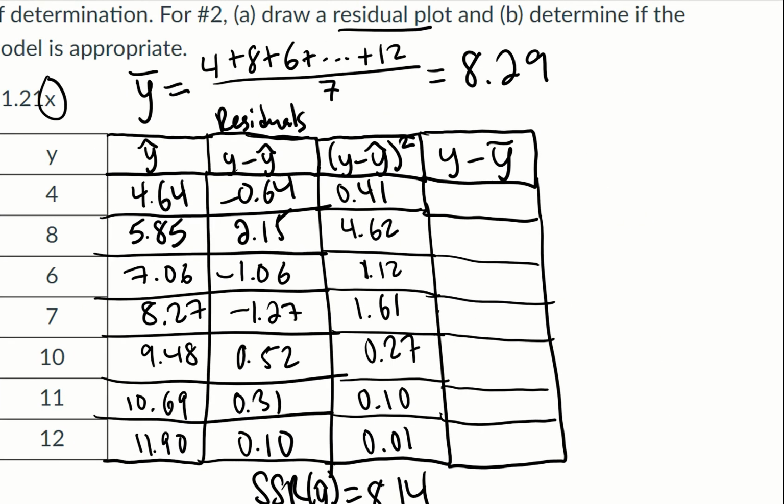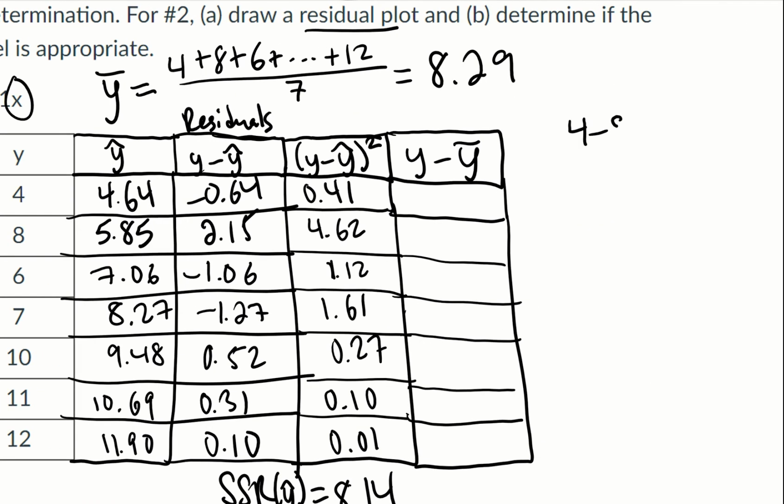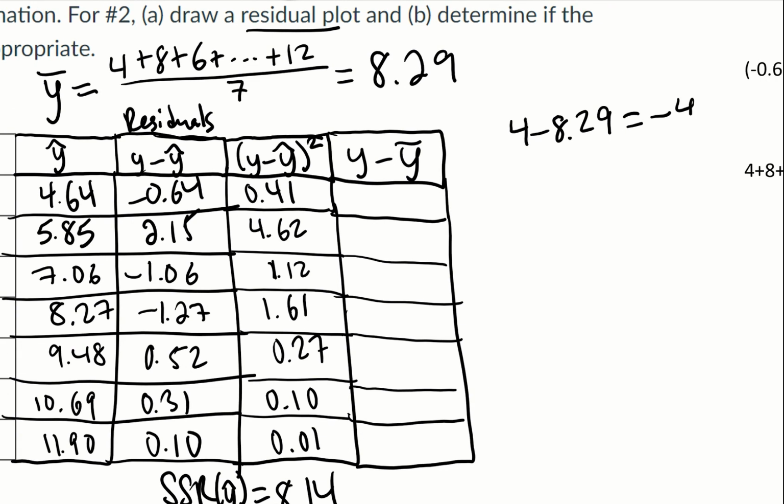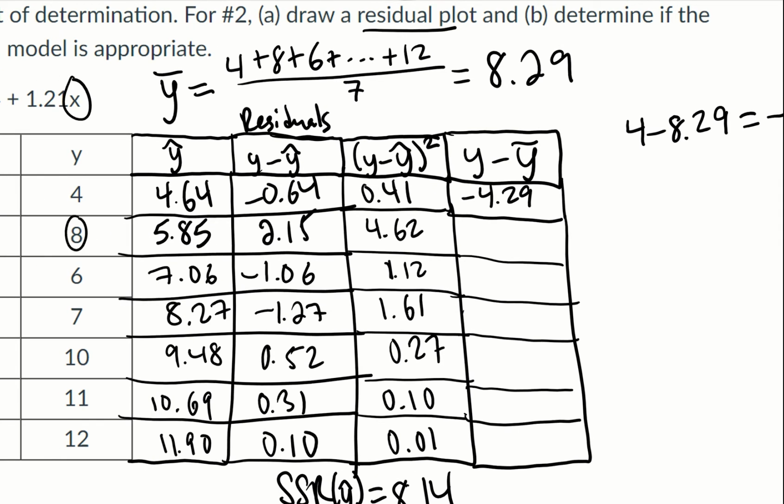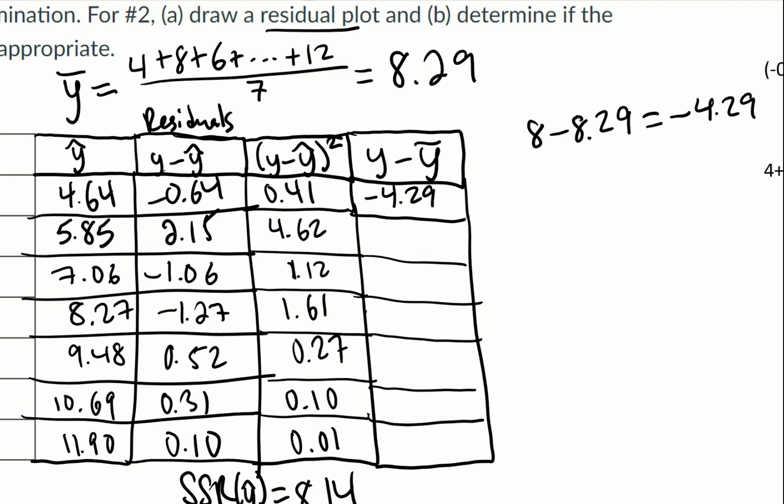So you're going to do 4 minus 8.29. That'll give you your first value. It's going to be negative 4.29. And then we'll do one more. Instead of 4, now we're going to do 8 for the next one. So 8 minus 8.29 is negative 0.29. Right, and so on.